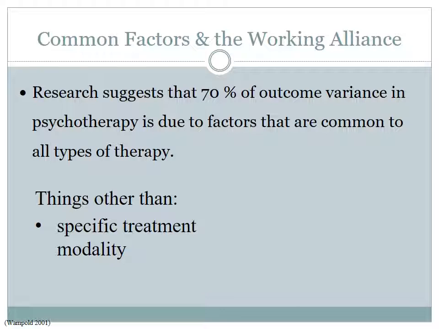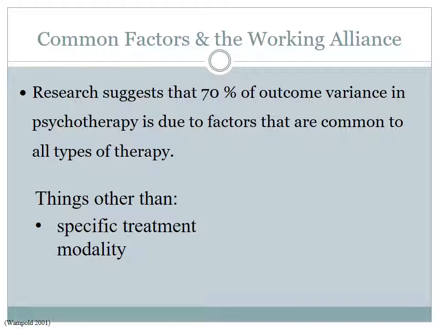Now, why, even more specifically, are they important? Well, a significant body of research, and actually a chunk of this research went on at University of Wisconsin-Madison, where I came from, not in my department, but in the counseling psych department, which was closely related to ours.